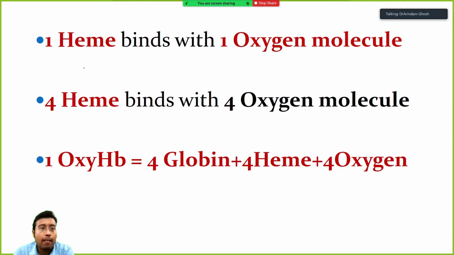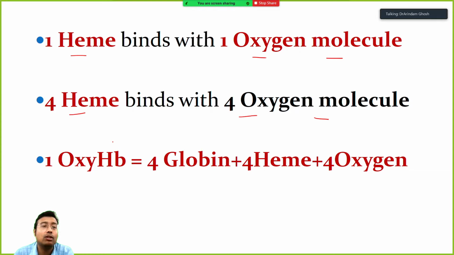Now, one heme binds with one oxygen molecule. This is something new. Now we are coming to the binding properties of this whole hemoglobin unit. Since one heme binds to one oxygen molecule, how many heme are there? Definitely four heme. So four heme in one hemoglobin can bind four oxygen molecules.